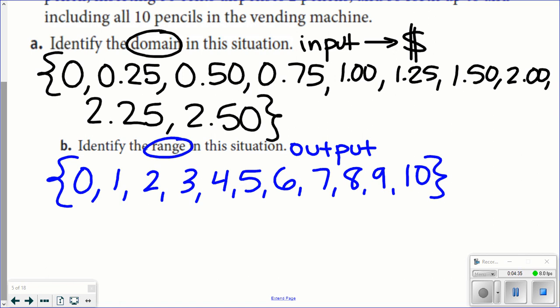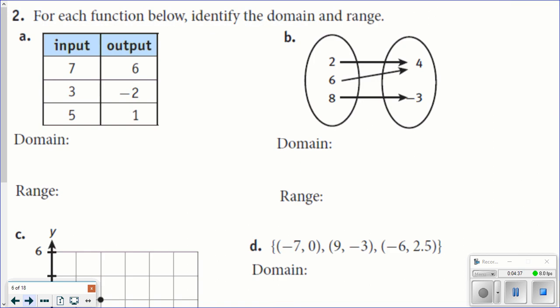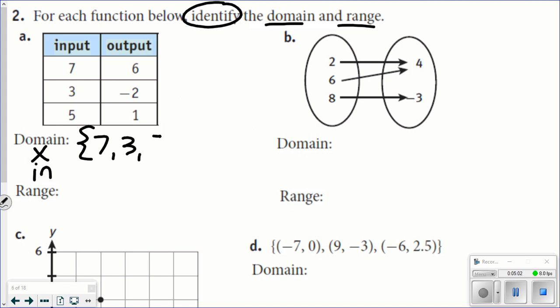Question 2, for each function below, identify the domain and range. Remember, domain, input, x values. So I want you to start with your fancy brackets. My domain is x, or input. So I'm looking, I have 7, 3, and 5.